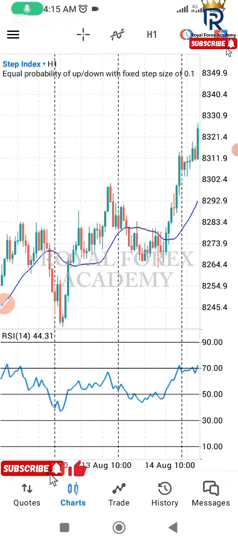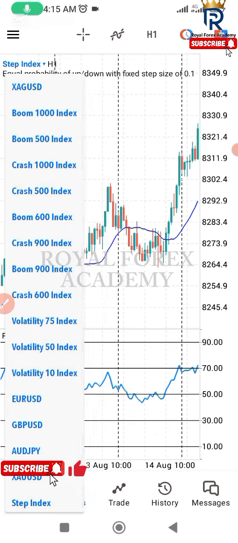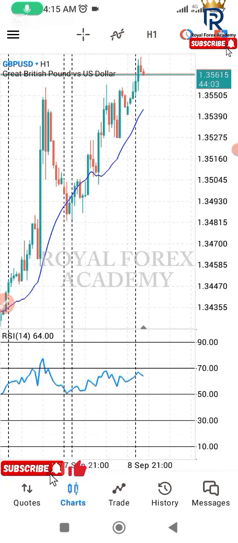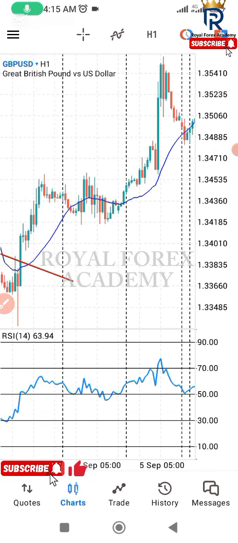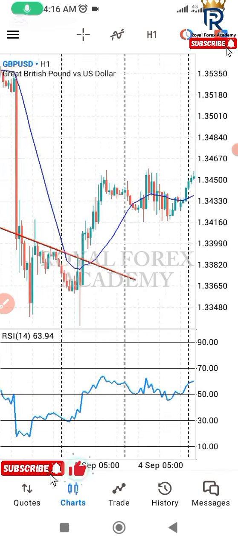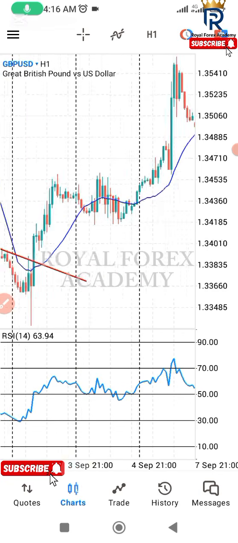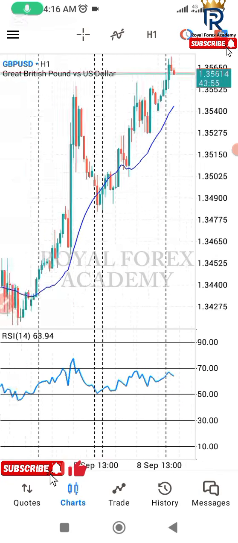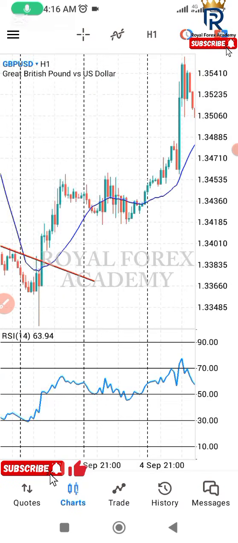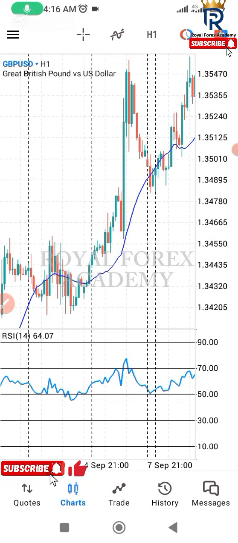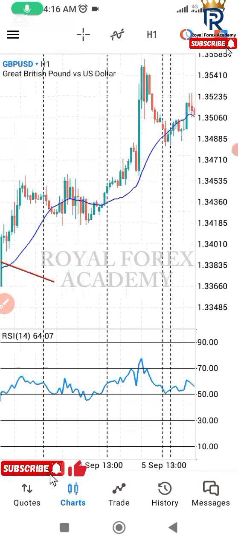Okay, now let's look at other assets. Look at GBP USD. So this is GBP USD, and this is a typical uptrend. So let's look at our entry. Can you see this?